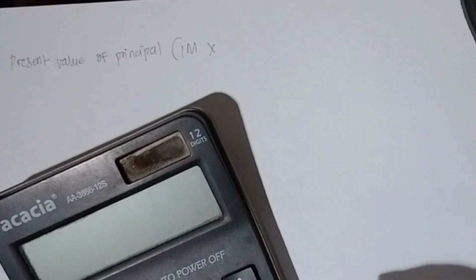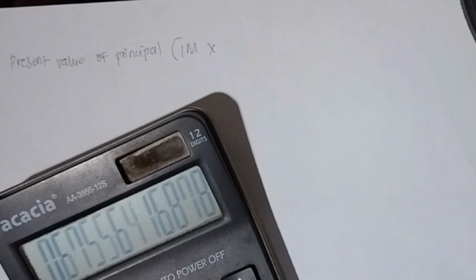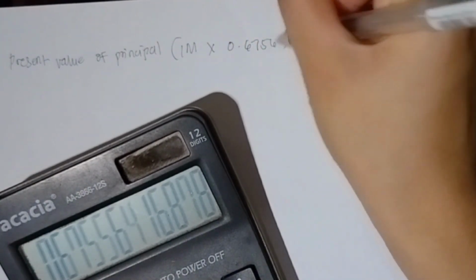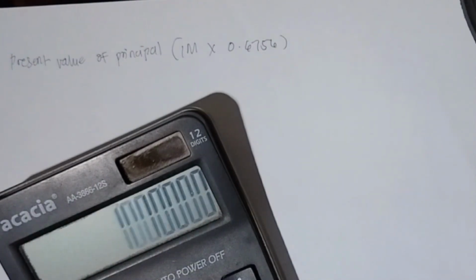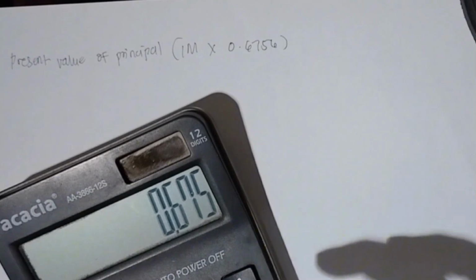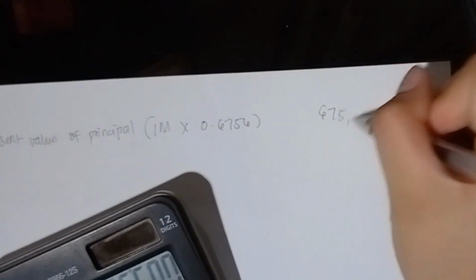So 1, 2, 3, 4, 5, 6, 7, 8, 9, 10. So we get 0.6756. So this is equal to 1 million times 0.6756. So we have 675,600.